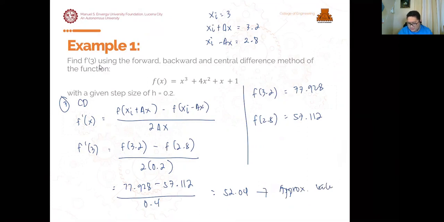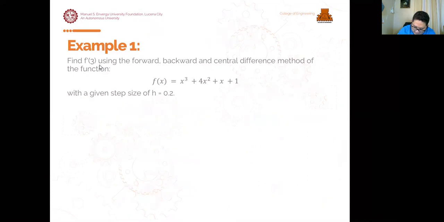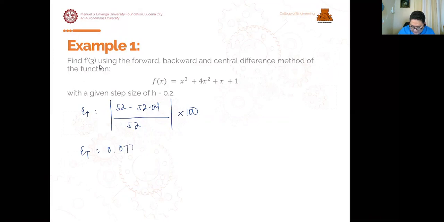Okay? Kunin natin yung relative true error. So, yung true value natin is 52 minus 52.04 all over 52 times 100. So, relative true error natin will be 0.077%. Okay? Which is acceptable based dun sa set natin criteria na 0.1%. Okay?